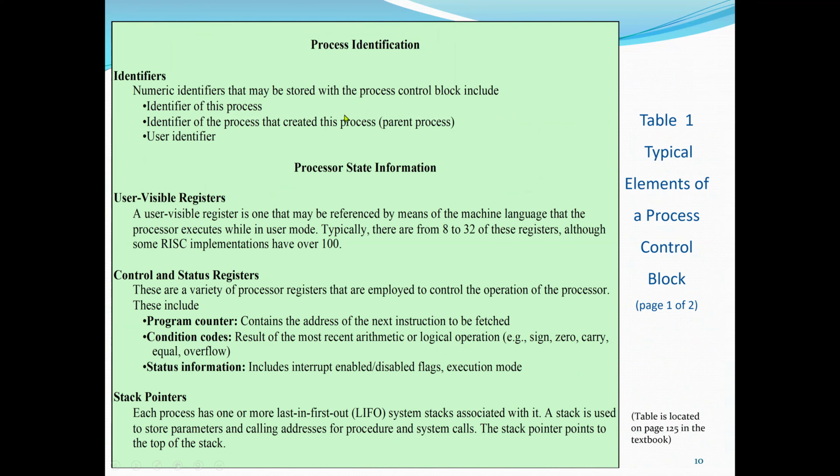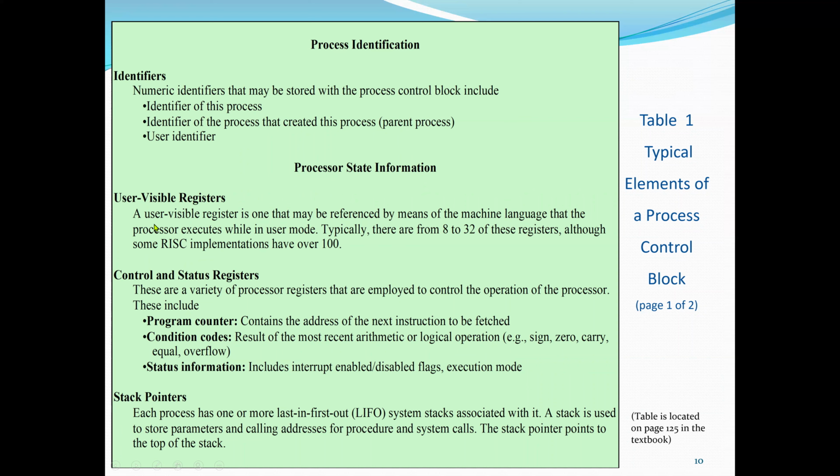Next is the process identification. The identifiers can be numeric identifiers stored with the process control block. Examples may be the identifier of this process, the identifier of the process that created this process, which would be the parent process, and also the user identifier.